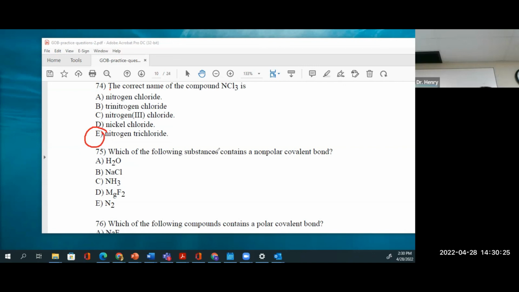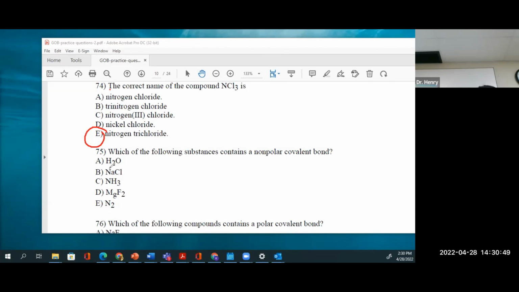Which of the following substances contain a non-polar covalent bond? What does non-polar mean? How are you sharing, evenly or unevenly? It would be even sharing. So who's going to be sharing evenly? Well, let's get rid of what we can.